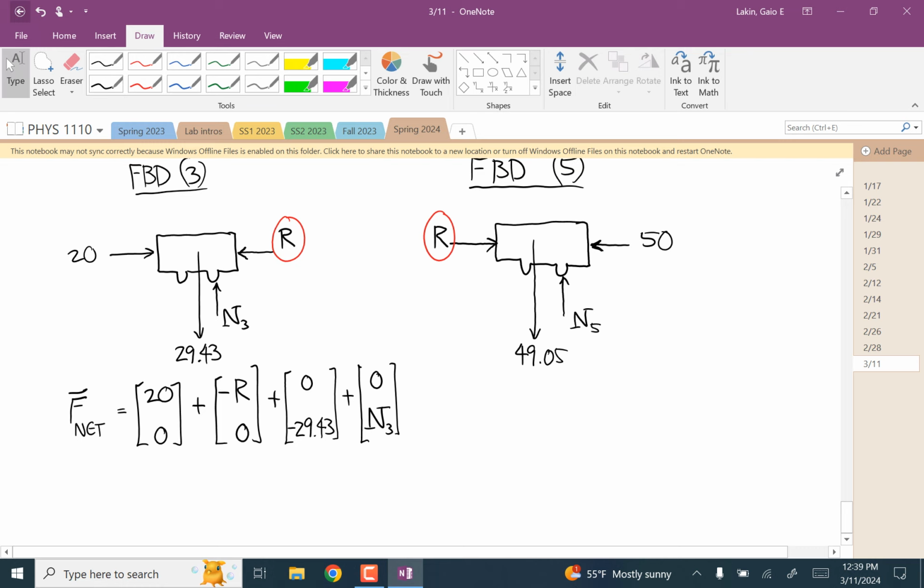Then for the 5 kilogram, that R is in the positive X direction. The 50 is in the negative X direction. The weight is in the negative Y direction.